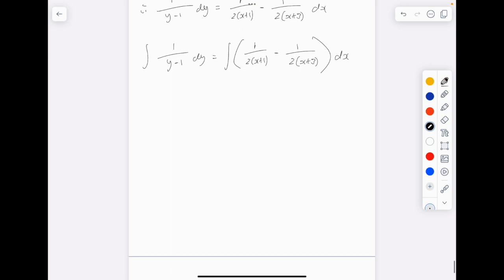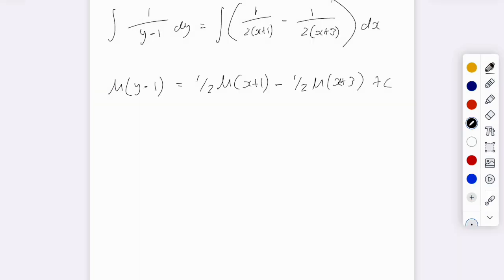Cool. Now, very simple. All we have to say is, okay, ln of y minus 1, right, it's going to equal a half. Okay, I'm going to take out the half here. And there's going to be a half ln x plus 1 minus half ln x plus 3. Okay, plus c.